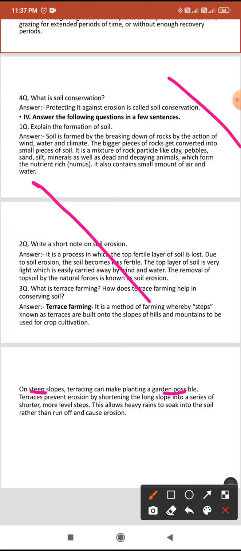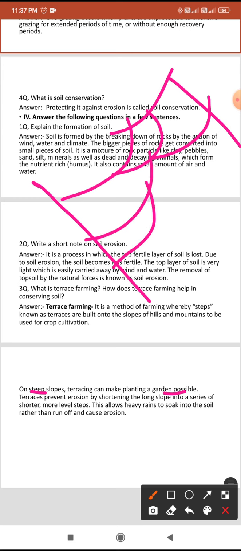There is the long slope, and when it shortens, it prevents the flow of water. So this allows heavy rains to soak into the soil rather than run off and cause erosion.